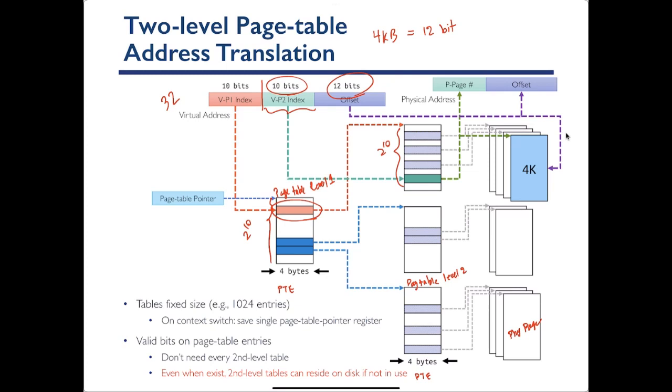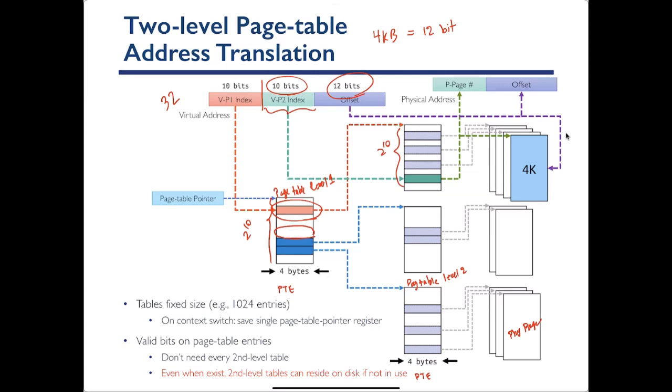The way we're saving is, if a page table entry in the first level page table is not valid, so if it's not used, then it does not point to any page table level 2.